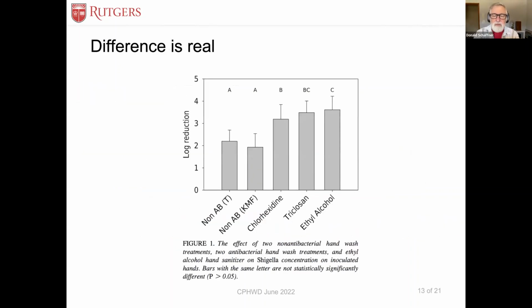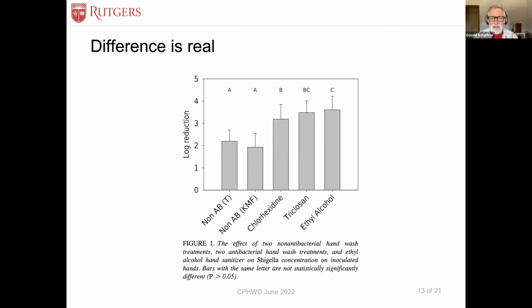But first of all, let's look at the 5 basic treatments that we used. We used 2 non-antibacterial soaps, shown in the first 2 columns. I forget exactly what the first one is. The second one is a product abbreviated KMF, which I think stands for Kiss My Face.